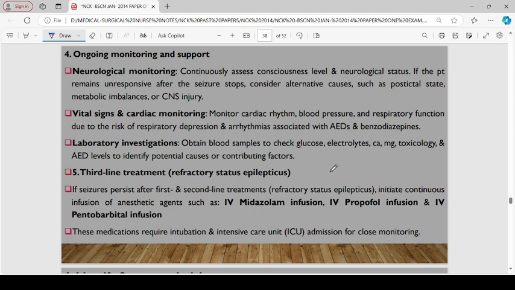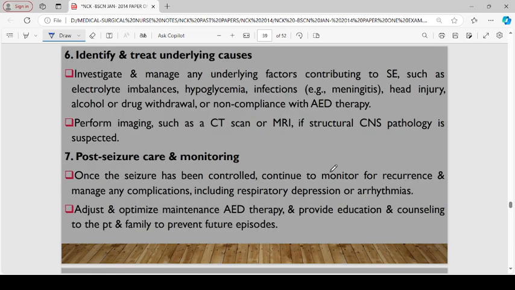Third line treatment, this is refractory status epilepticus. If the seizures persist after first and second line treatment, you initiate continuous infusion of anesthetic agents such as IV midazolam infusion, IV propofol infusion, or IV pentobarbital infusion. These medications require intubation and ICU admission for close monitoring.